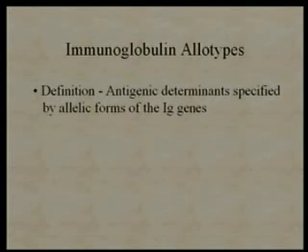That one amino acid difference may have created a new epitope that I would recognize as foreign. I would make antibodies against it. You could make antibodies against my immunoglobulin. Those differences are the allotypes. So differences that are specified by different allelic forms of the immunoglobulin genes can give rise to these allotypes.